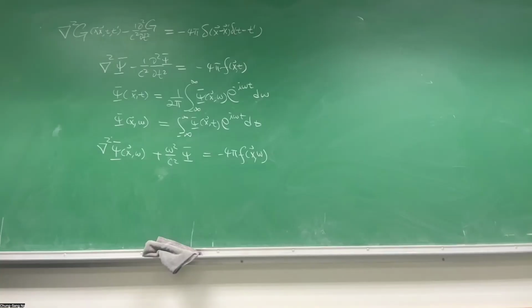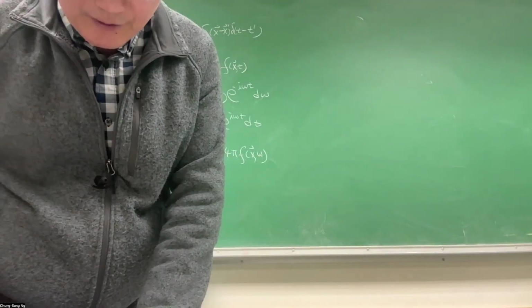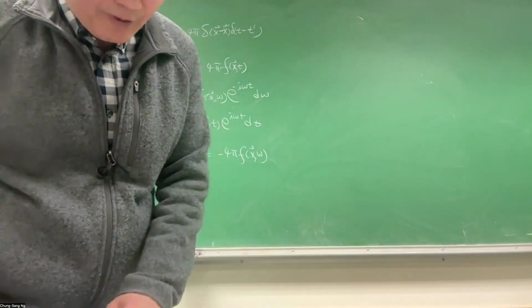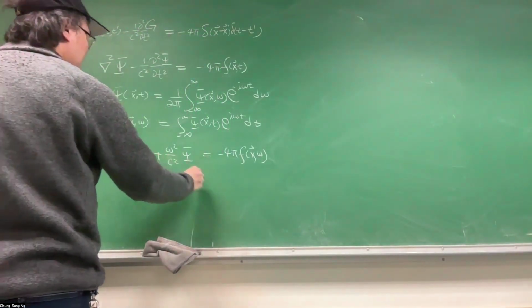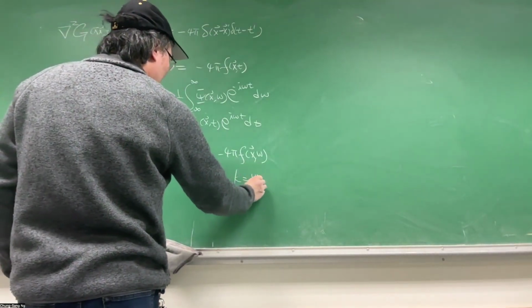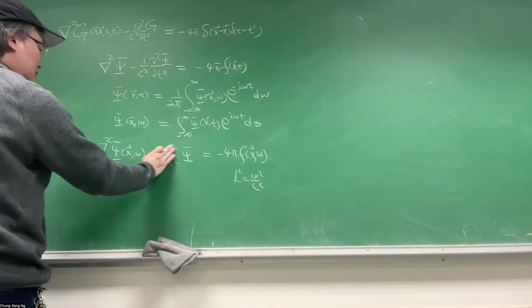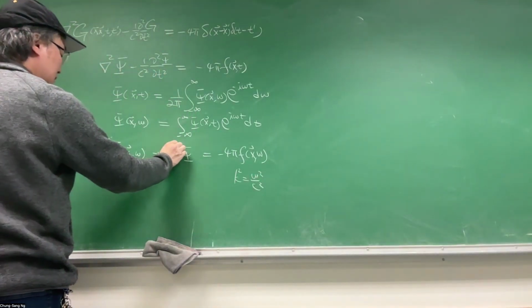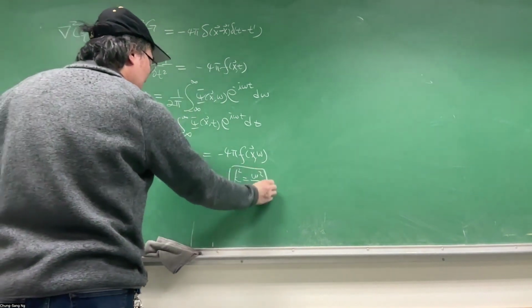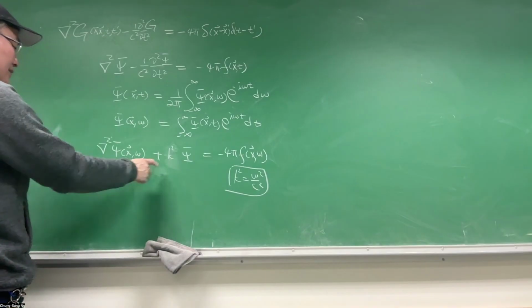Okay, and a simplification is to define a variable k. So k is omega over c, or k squared is omega squared over c squared. So change that to k squared, just a little simplification in writing.